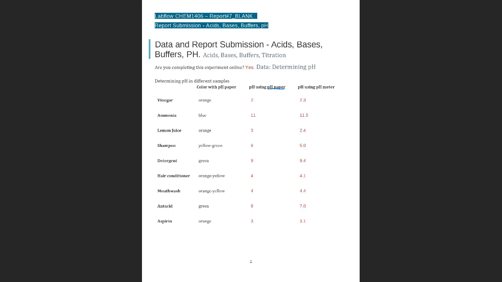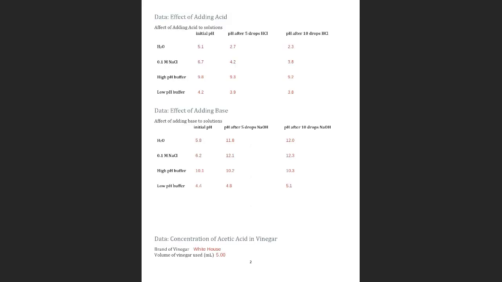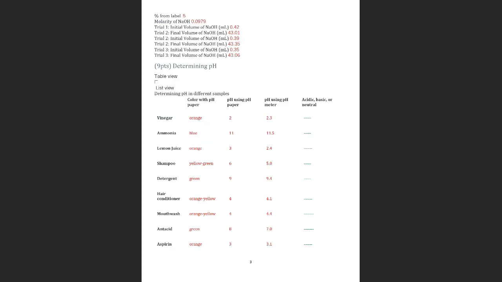And they are also using a pH meter that is much more effective. It's closer to the pH. So first of all, this is all data that you are going to see. You don't have to do anything. This is the data given.